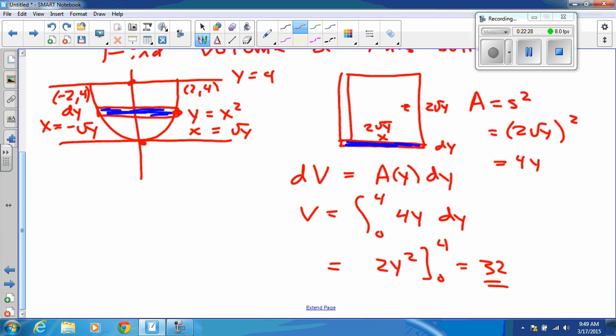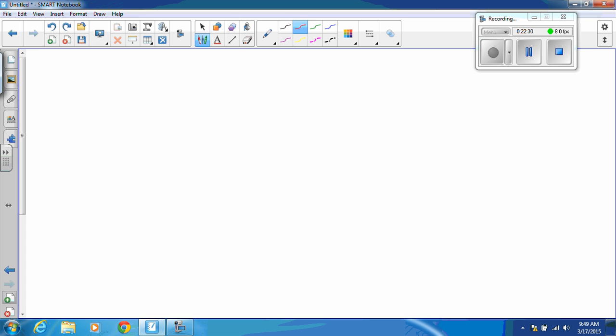Excellent. Now let's go changing up our cross sections a little bit. Let R be defined by y equals x squared and y equals 4.